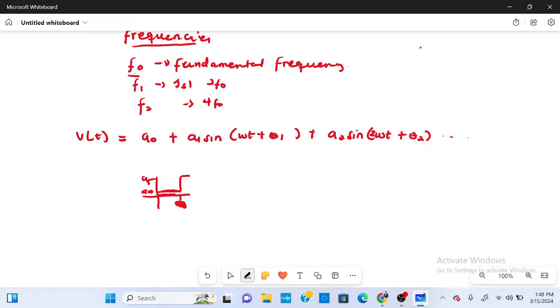Then we have A2. It will move again to A2 at another particular frequency, which is 2 omega t. So it's going to be different, but there are phase differences for each part. So this is what we call a non-periodic waveform or harmonic.